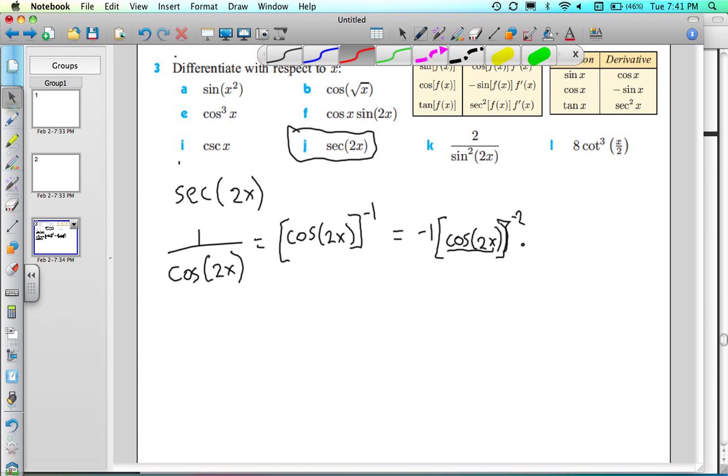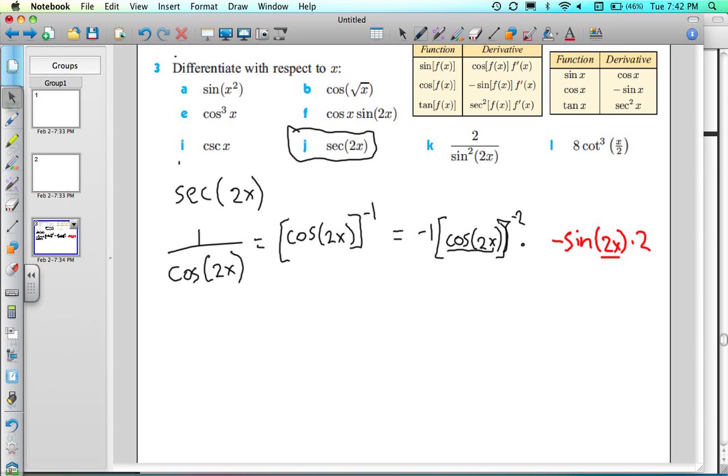The derivative of cosine is negative sine, so negative sine of what's inside the parentheses, which is 2x, times the derivative of what's inside, and the derivative of 2x is just 2.